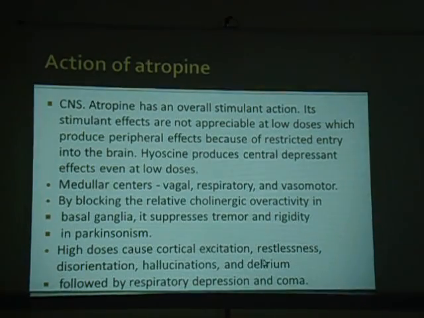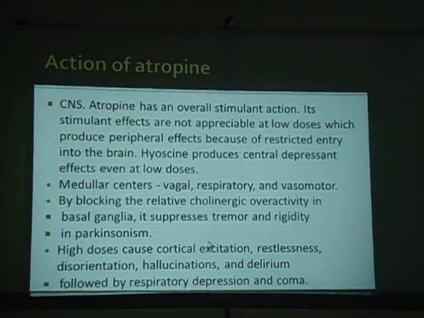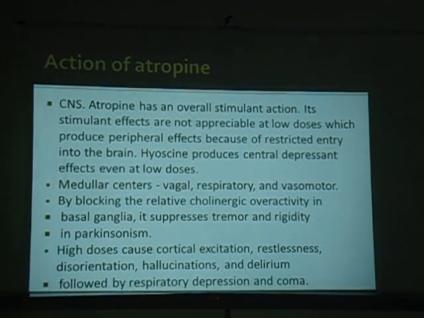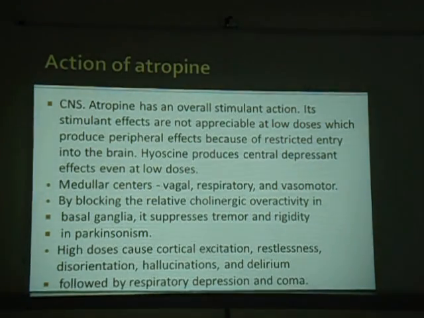But in high doses, what can happen? There is cortical excitation, restlessness, disorientation, hallucination and delirium. Have you heard of organophosphorus poisoning? What is the primary drug we use? Main drug for treatment of organophosphorus poisoning, which drug?